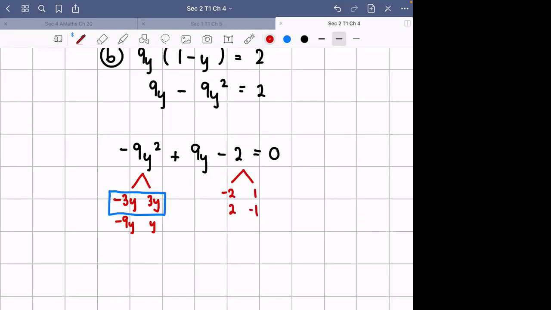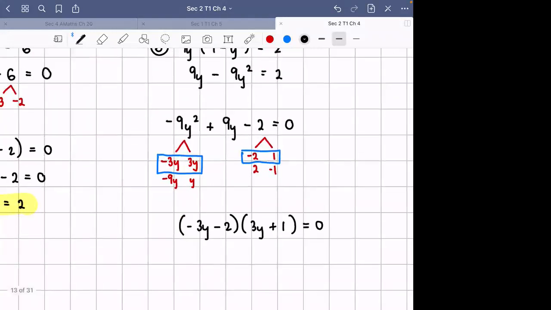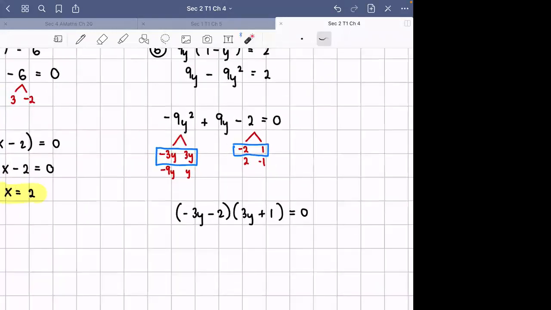Just that. So let me try the first factors. Let's have negative 3y minus 2 and then 3y plus 1 equals 0. Now again, this should be equal to 9y.